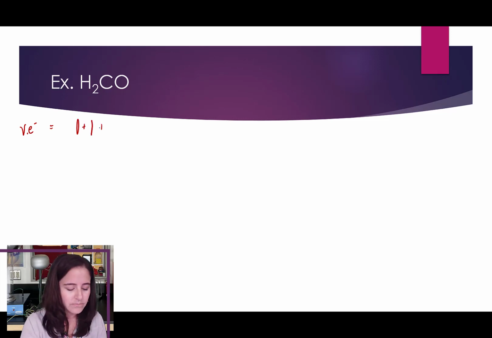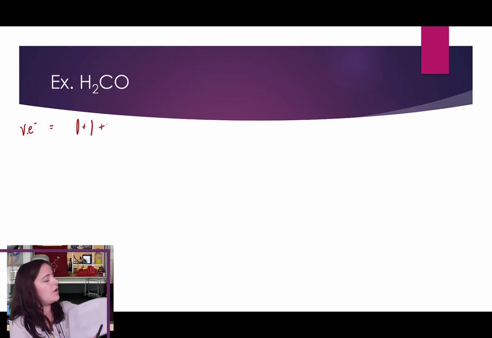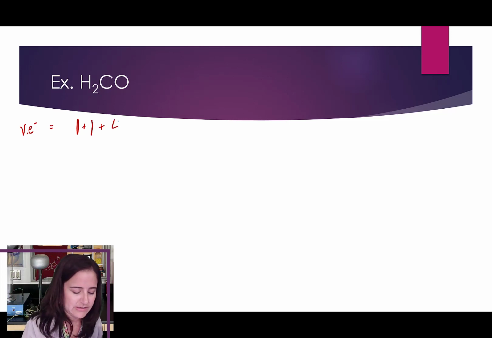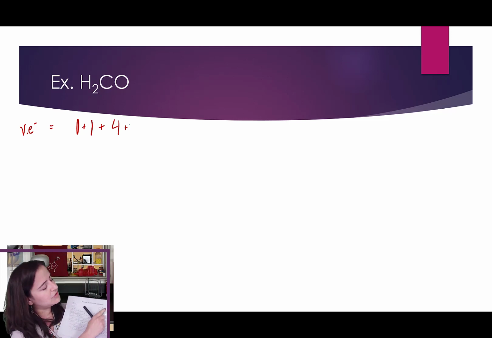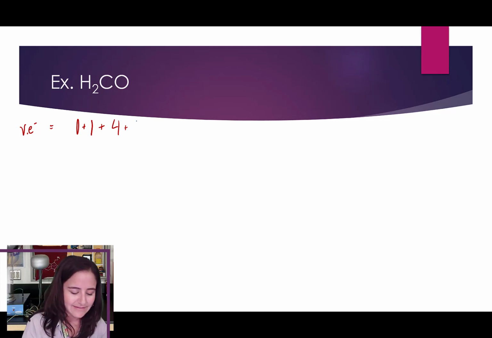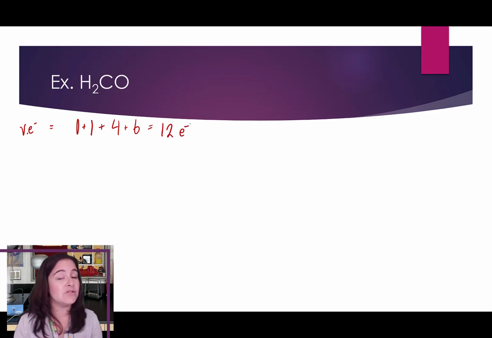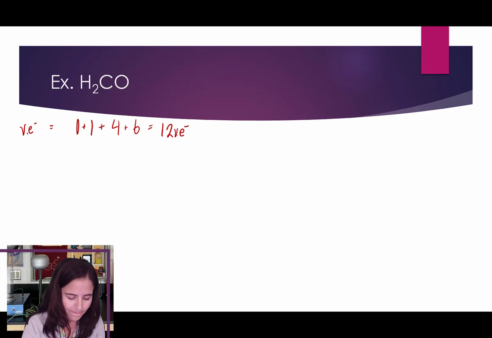We got a carbon. Carbon is in group 14, so it's got 4 valence electrons. And oxygen is in group 16, it's got 6. So in our structure, we should have 10, 11, 12 electrons represented, okay?